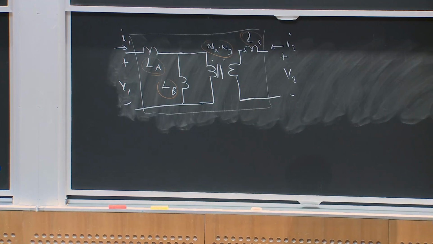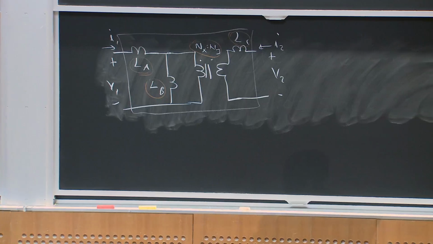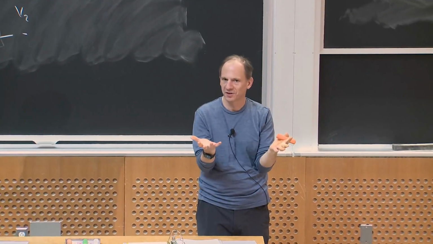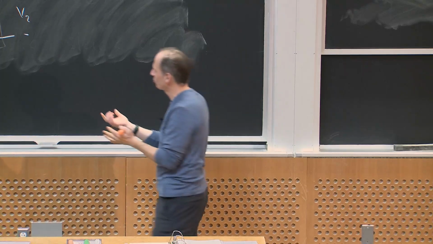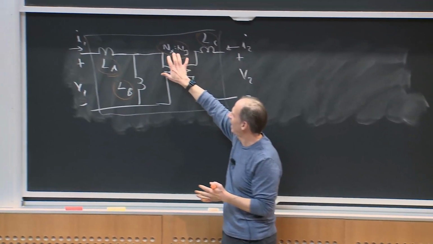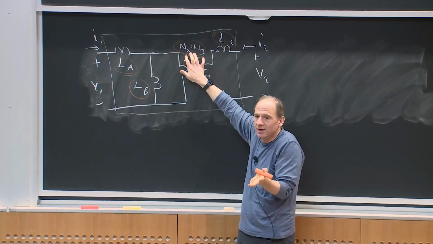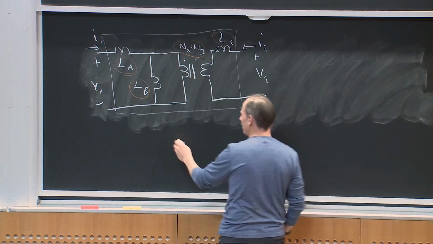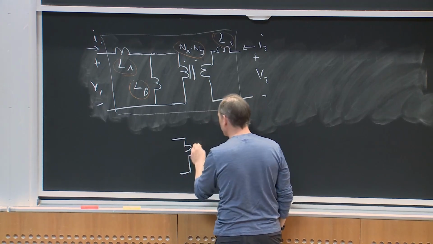Well, what might I do? Maybe I might just want to say, it's easy for me to think about the voltage scaling for a 1-to-1 transformer, right? The ideal transformer in the middle here has some turns ratio on it. Maybe I just make that 1-to-1, right? If I do that, I can then just create a model that has a 1-to-1 transformer.